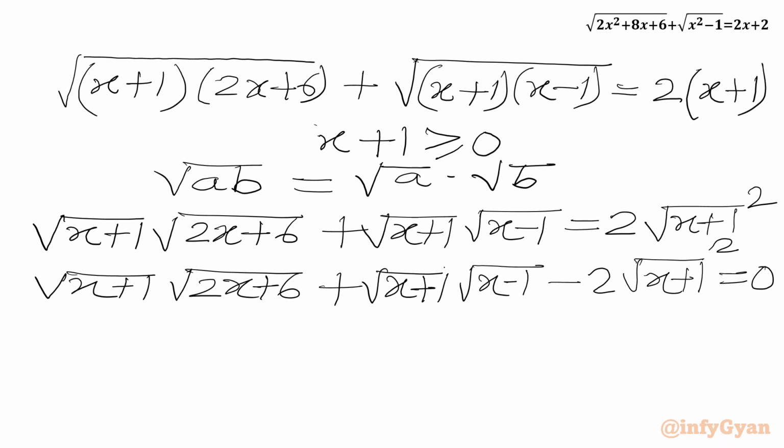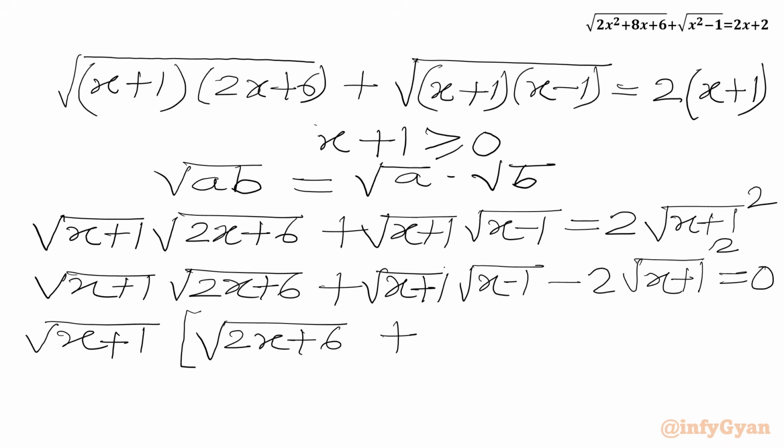Now we can take square root x plus 1 common. In other bracket, we will write square root 2x plus 6 plus square root x minus 1 minus 2 times square root x plus 1 equal to 0. Now we'll use product 0 rule.